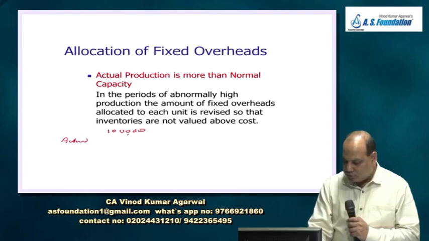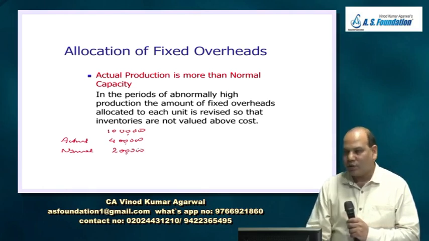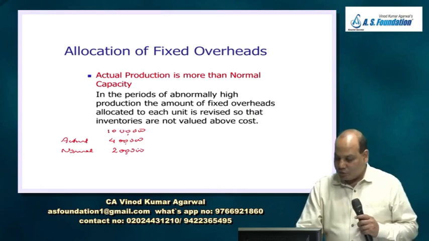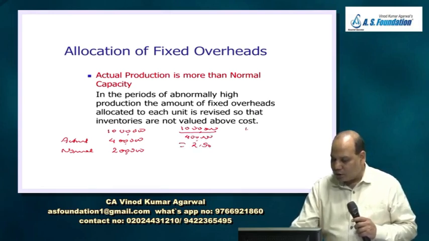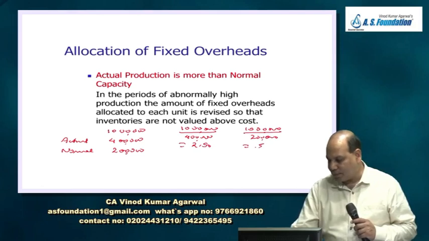Actual is 4 lakh and normal is 2 lakh, for whatever reason, let us say. So now my overhead allocation will be based on actual: 4 lakh, 2.5. If I use normal, then it will become 5.